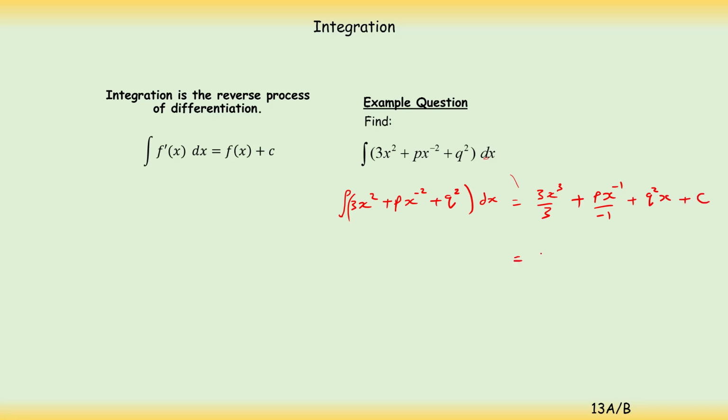Simplifying, we've got x cubed minus x to the power of minus 1 plus q squared x plus c. That's your integral. Hit pause, copy the example down, and we'll look at another.